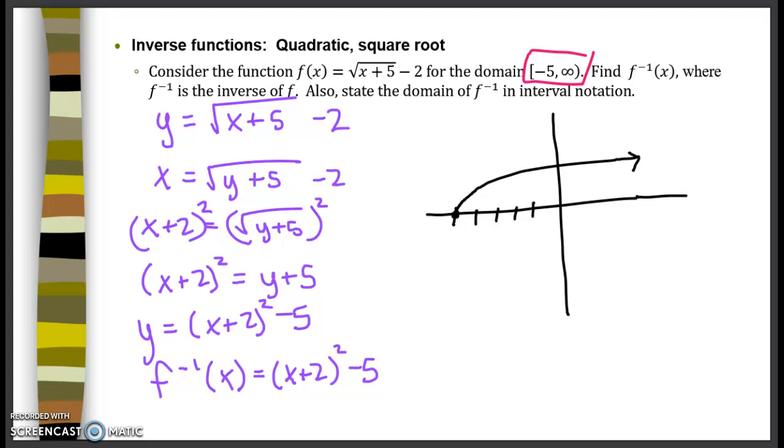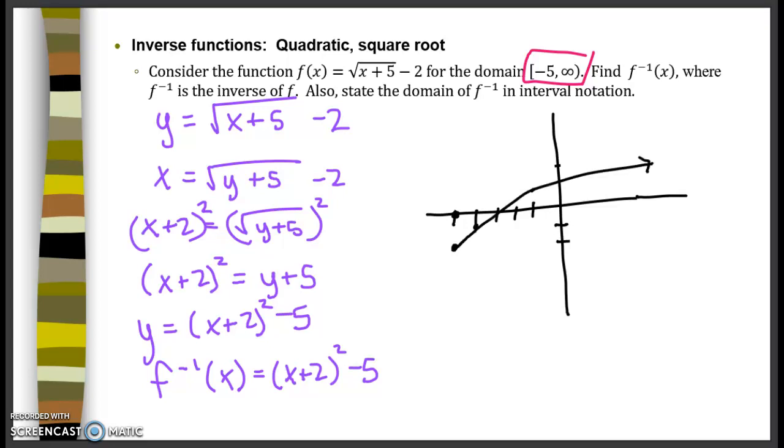Except, pause. I forgot to do the translation of moving this function down. So I'm going to go to the left 5 and down 2. So I start here, and then I go up accordingly. So it looks like this.